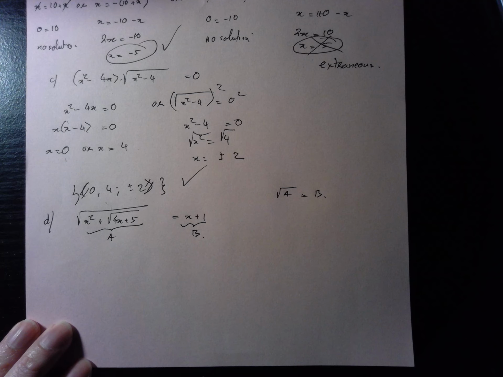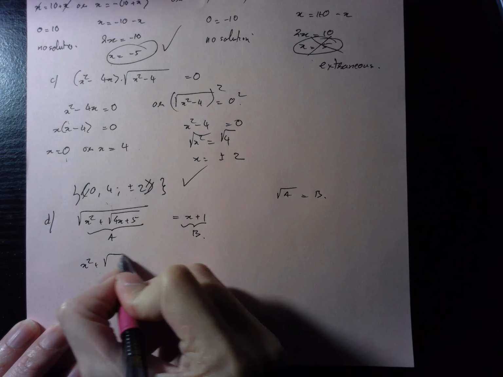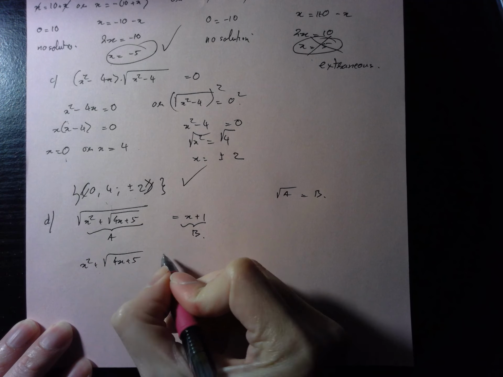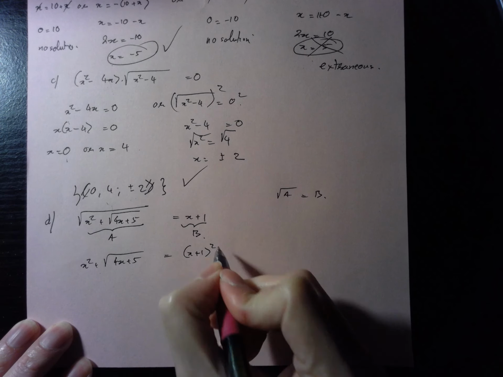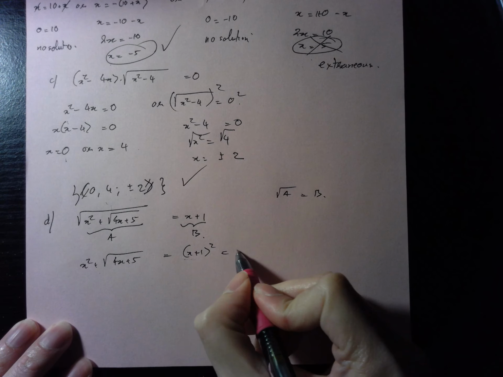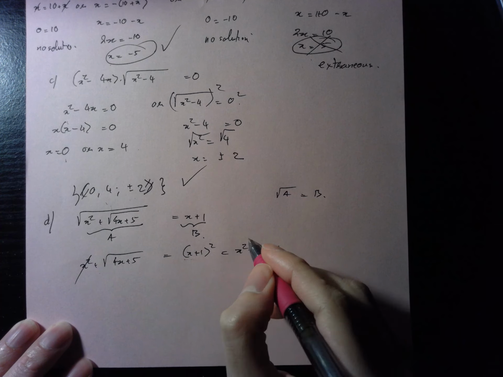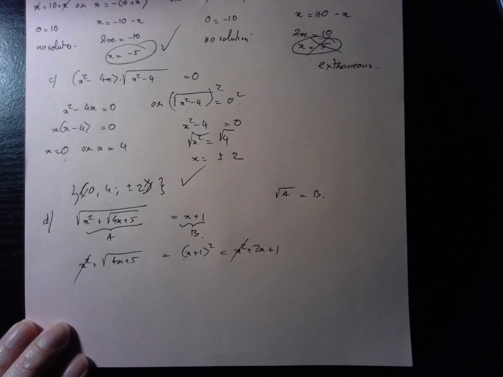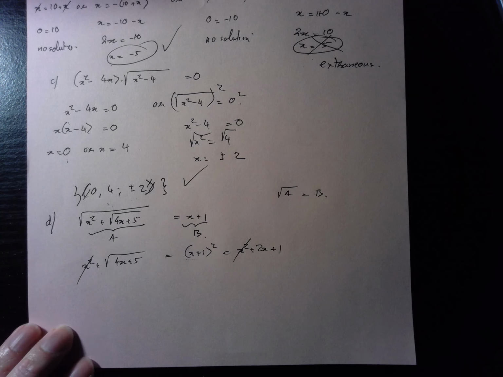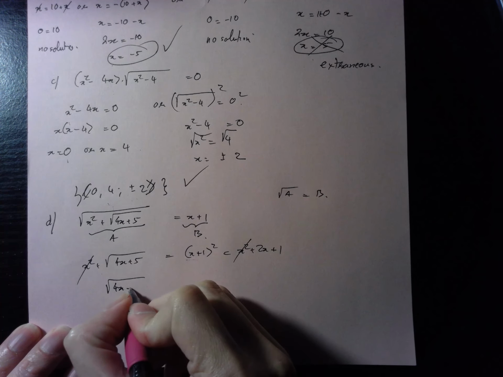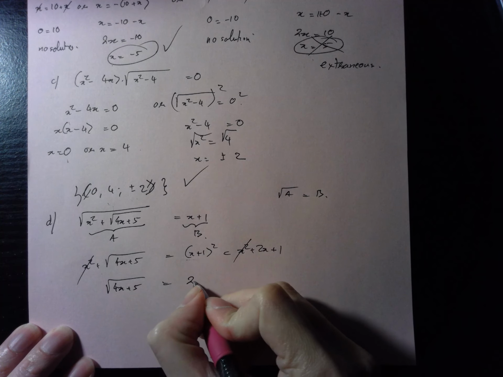So I square both sides, which gives x squared plus square root of 4x plus 5 equals x plus 1 squared. And you expand this, which gives x squared plus 2x plus 1. And you see this cancels out because they are on both sides of the equation. So you have radical of 4x plus 5 equals 2x plus 1.